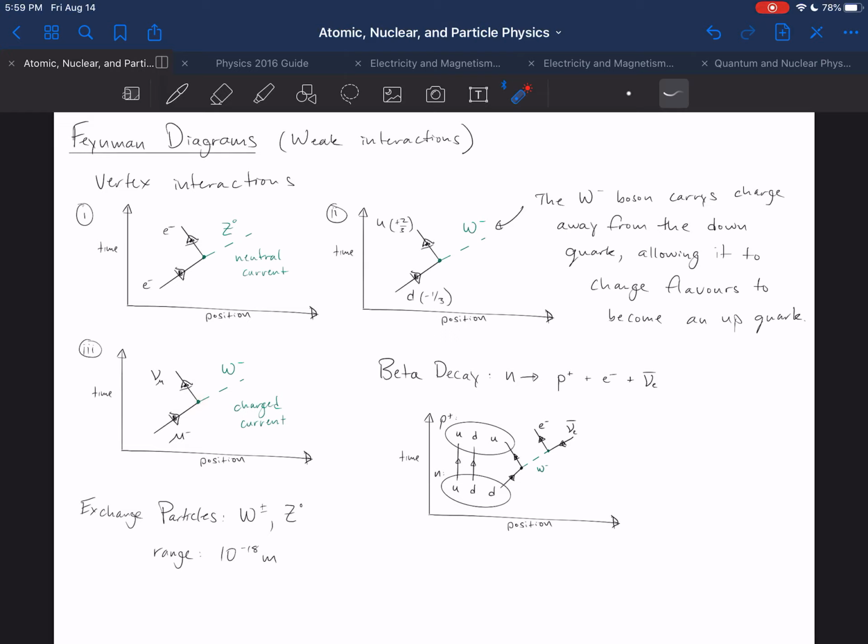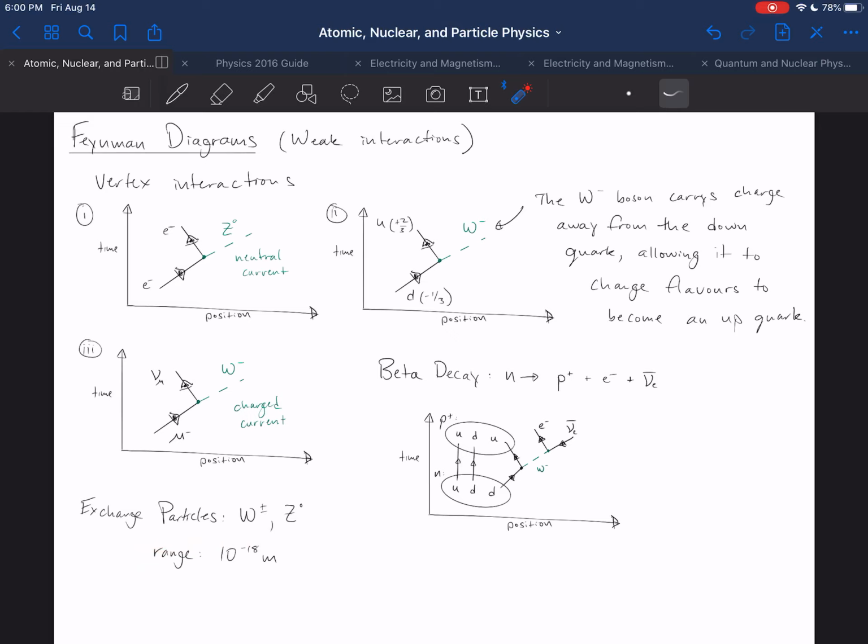So in general, there are lots of different types of weak vertex interactions. These are just a few, but take care. You will almost always need to use or want to use conservation of charge, lepton number, or baryon number in order to determine a missing particle or to answer a question at these weak interaction vertices.